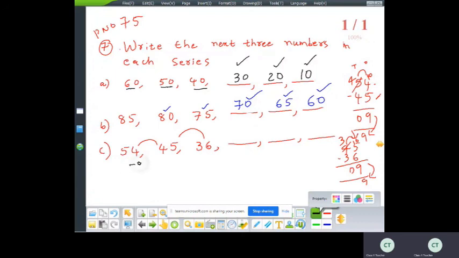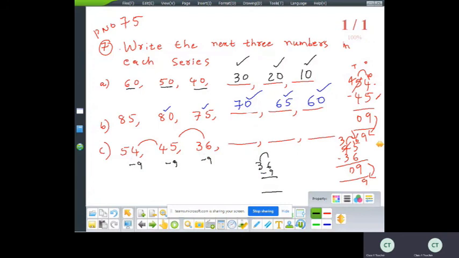54 minus 9 is 45. 45 minus 9 is 36. 36 minus 9. We cannot take 9 from 6.